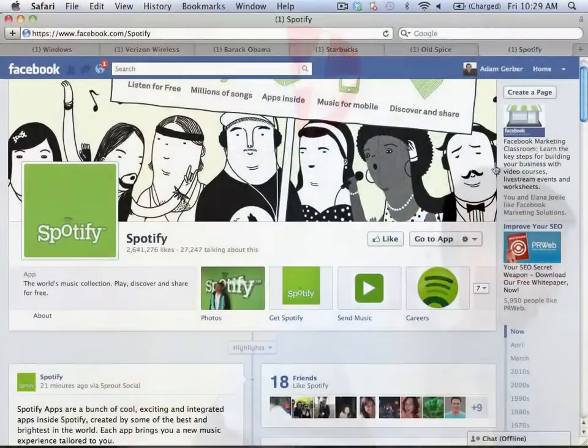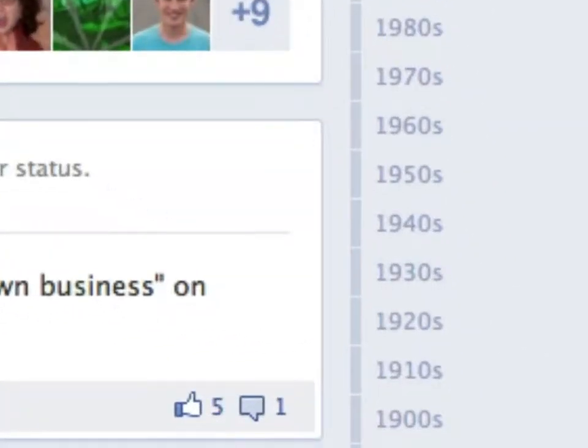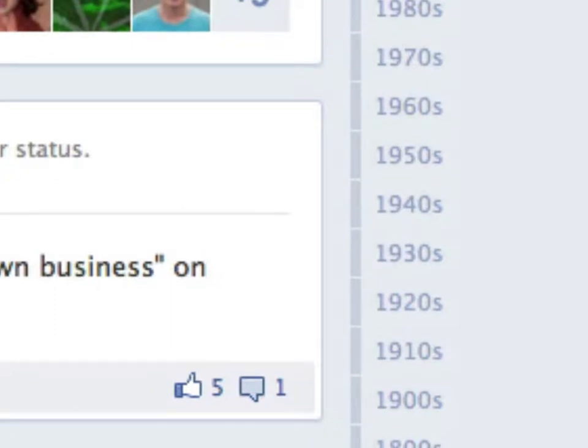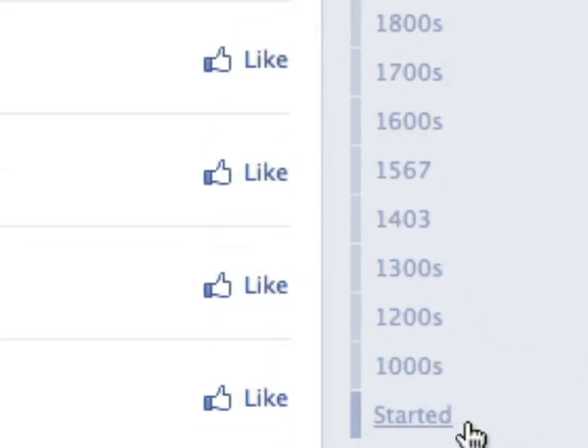So if you scroll down, you can see here on the right the dates. You can see Spotify obviously has not been around since the 1990s. It wasn't around in the 1910s. Definitely wasn't around in 1567. But what they are doing is putting Spotify in the narrative of the entire history of music.